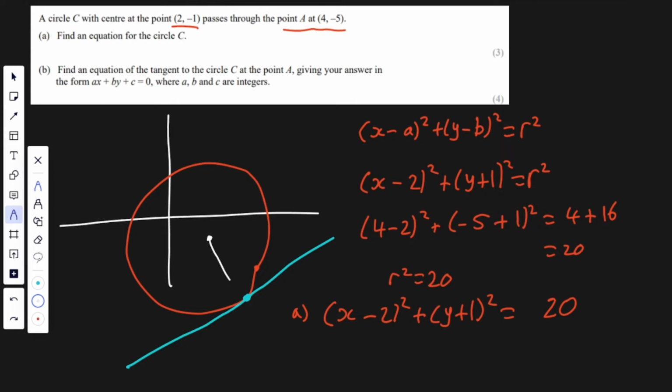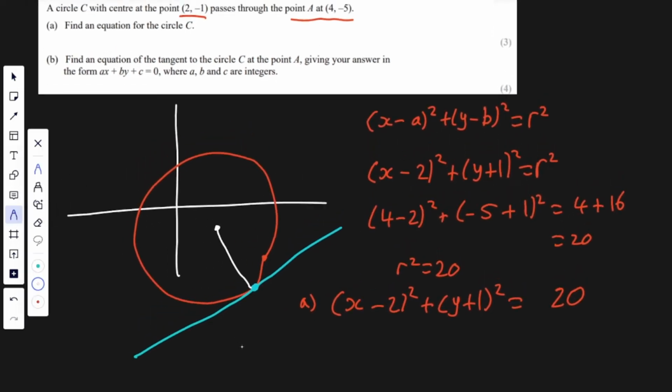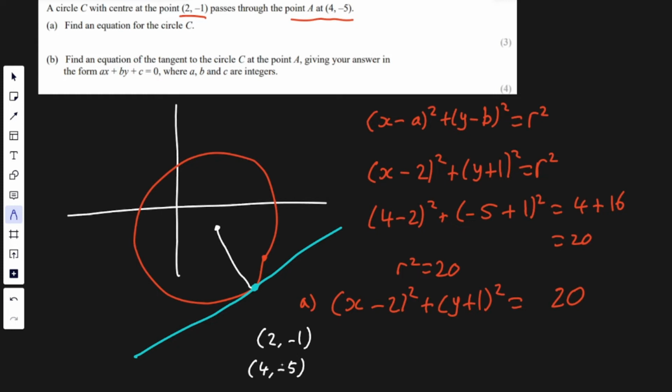Anyways, so what we said before is we have one piece of information, that's the point it goes through. The other piece of information is the tangent is perpendicular to the radius. So we need to find the gradient of our radius. So we've got the point (2, -1) and (4, -5). The line connecting these 2 points creates our radius.